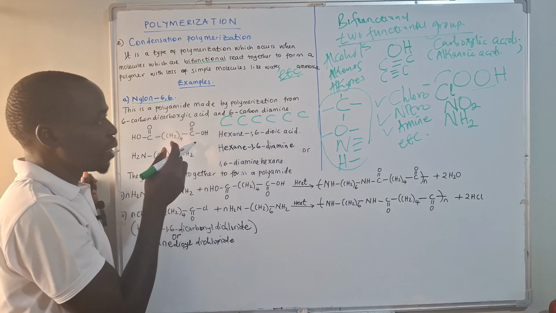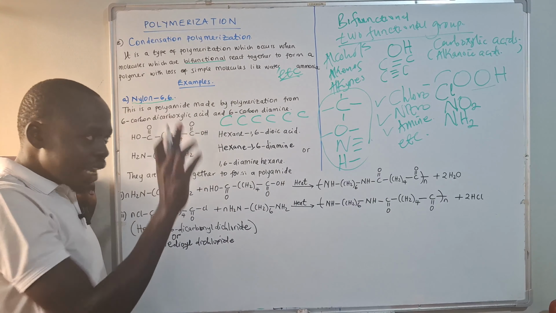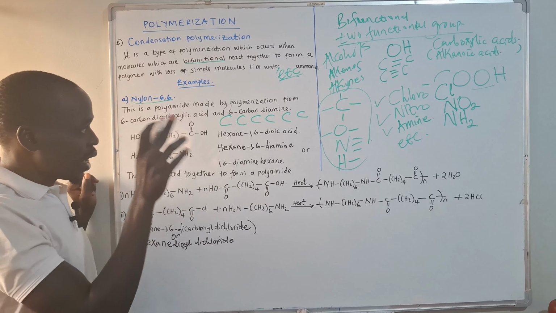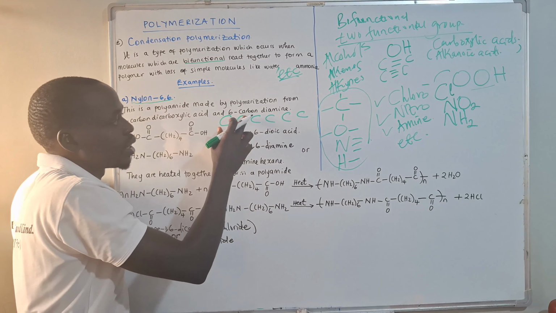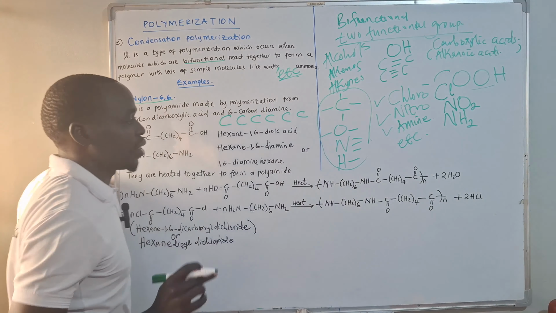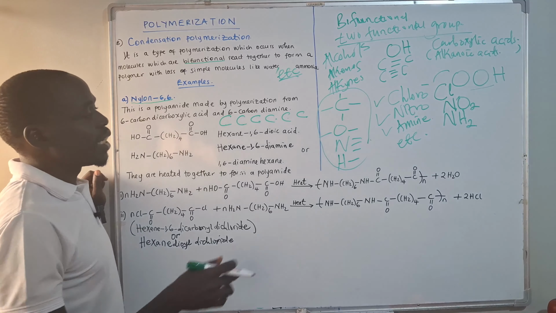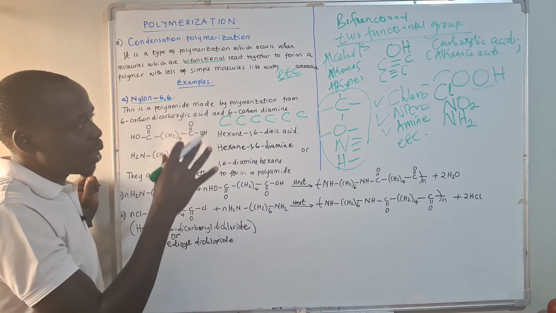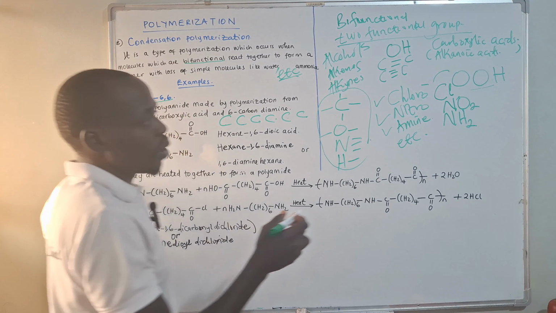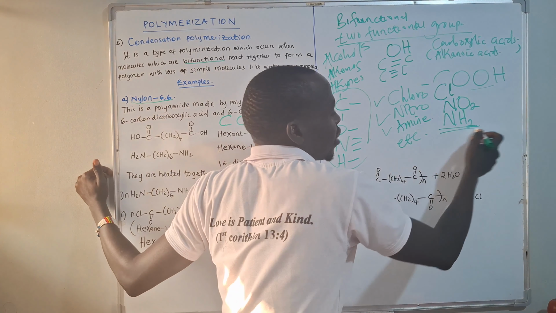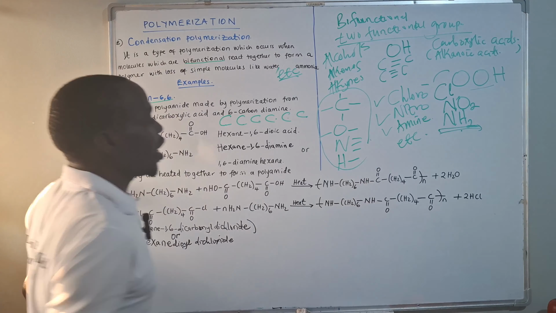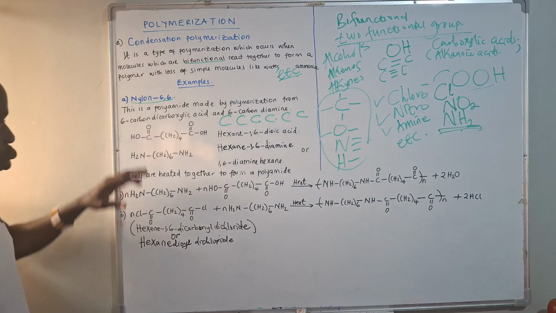And now, at the end of the day, you will see that there is that functional group for carboxylic acids. And a 6 carbon diamine. So that means also you say 1, 2, 3, 4, 5, 6. But there is that constituent attached to it, which is called the amine. So this part here, you will be in a position to see it from here.